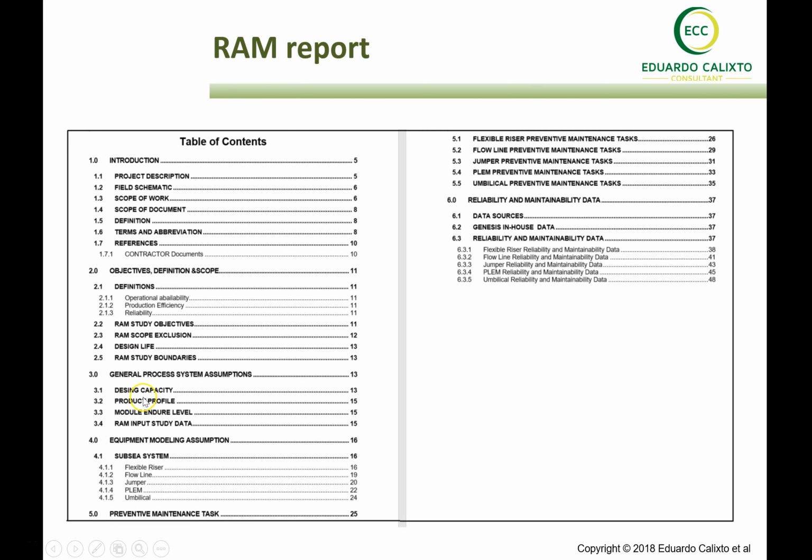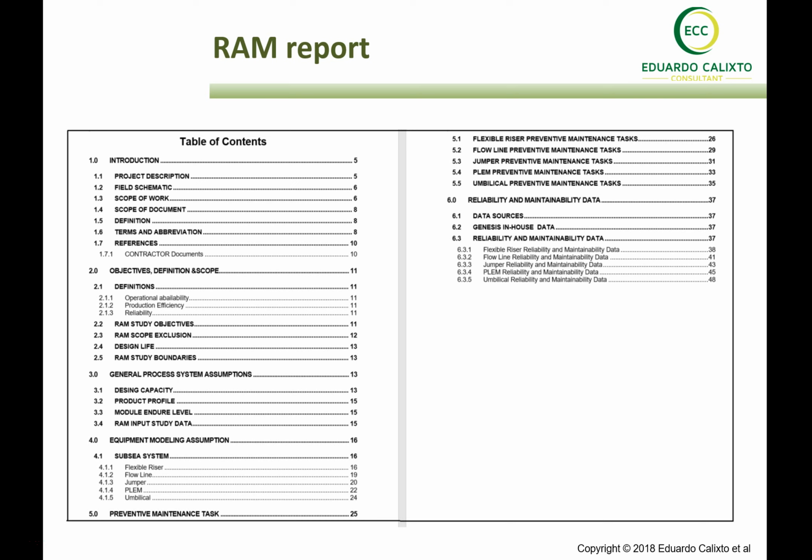So for a generic process system, you can put the design capacity and the production profile, which is very important in the case of production. In oil and gas, we have different production profiles. In the case of an offshore platform, some platforms produce oil, gas, and water, while others produce mostly gas, or oil and gas. So the production profile is very important for a platform.